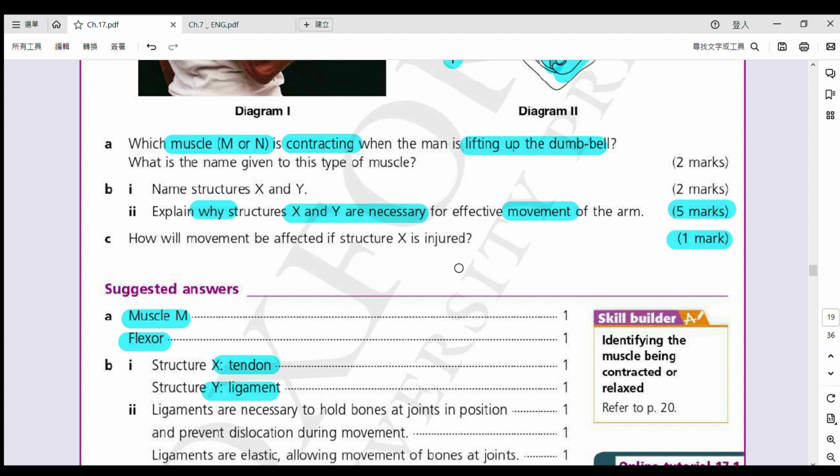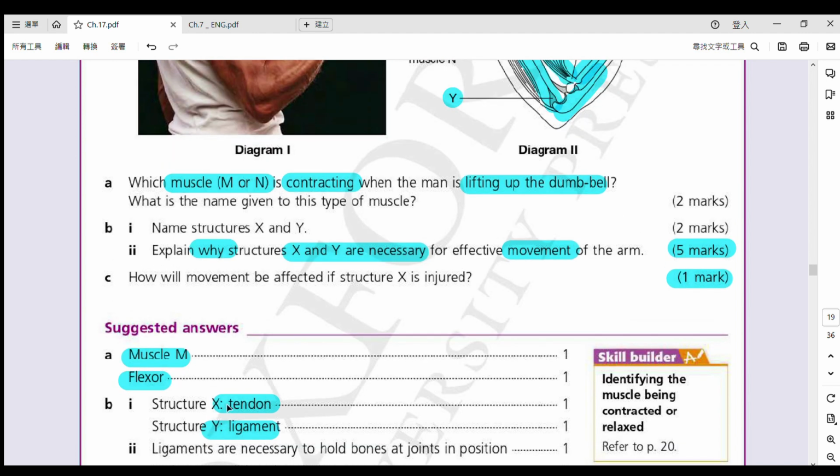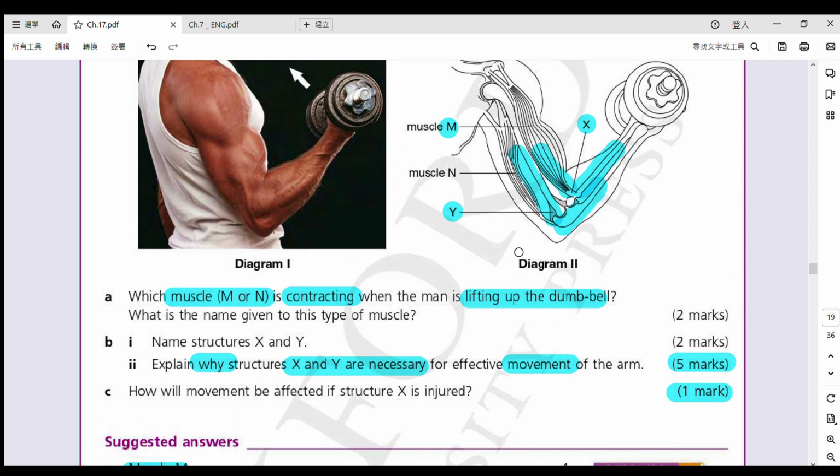X is the tendon. What is X used for? Remember, it is tough. What is another word? Is it elastic or inelastic? It is inelastic. Therefore, it can transmit the muscle contraction force to the bones effectively.